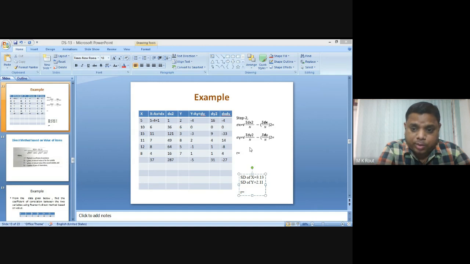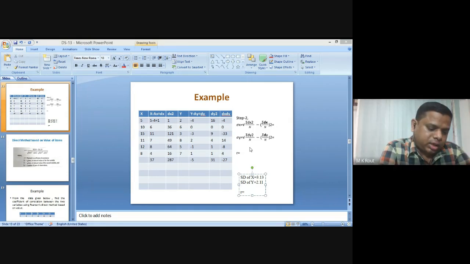During solving I repeatedly told the formula: under the square root of sum of d square divided by n minus sum of dx divided by n whole square. Is it clear?